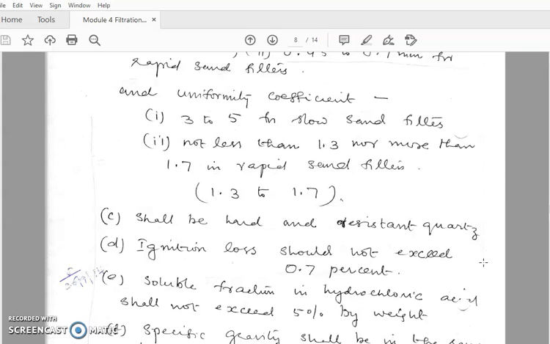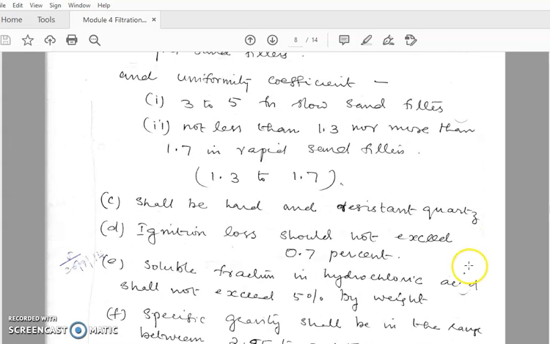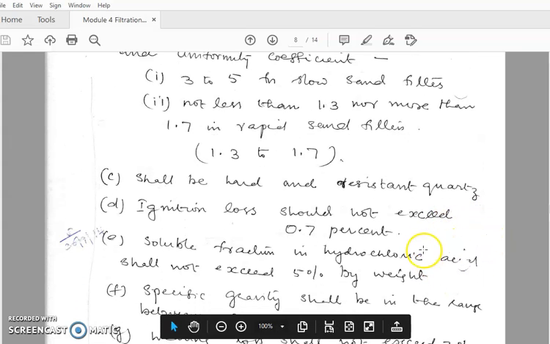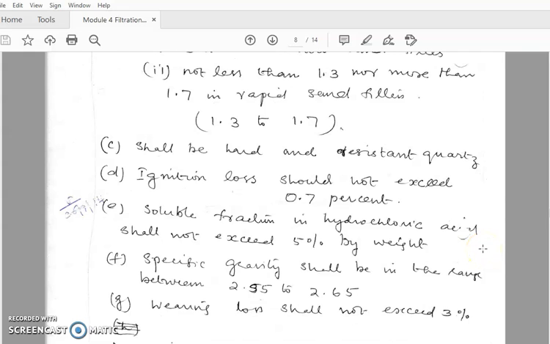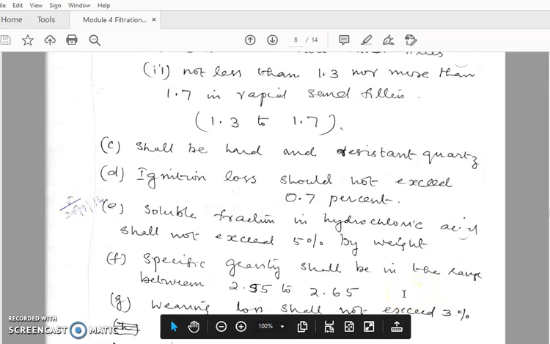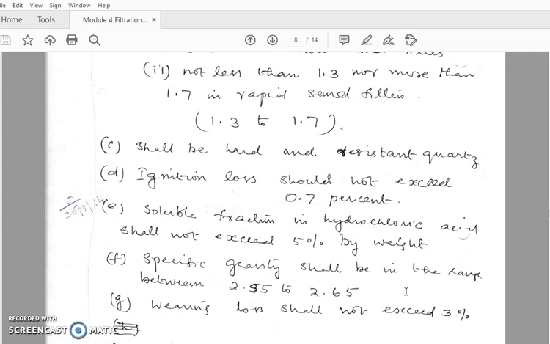That means it should not dissolve in hydrochloric acid. That is the next thing. Then the specific gravity shall be in the range between 2.55 to 2.65. We know the specific gravity of the discrete particles is 2.65, and here it is giving a range between 2.55 to 2.65.